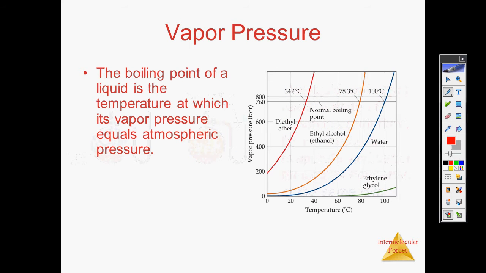All right, vapor pressure. The boiling point. Now, this is a discussion I had with AP students yesterday. The boiling point of a liquid is the temperature at which the vapor pressure equals atmospheric pressure. If you didn't know that, isn't that very handy in some of the calculations you may need to do? All you have to do is find out what atmospheric pressure is.